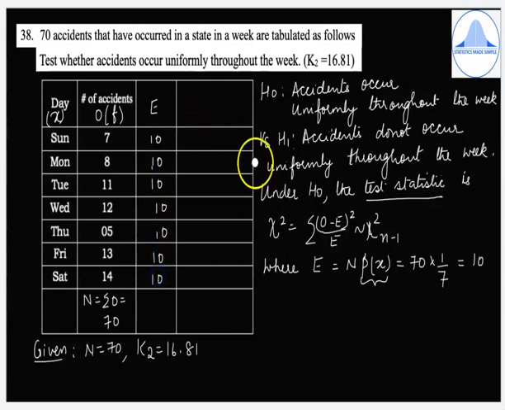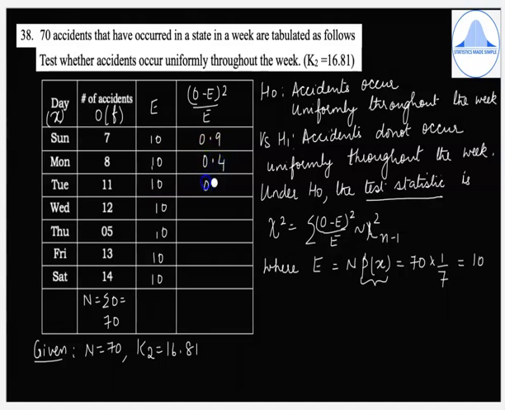Then we need to find out (O minus E) whole square divided by E, which is nothing but 7 minus 10 is minus 3. Minus 3 square is 9. 9 divided by 10 is 0.9. In a similar way, 8 minus 10 is minus 2. Minus 2 square is 4. 4 divided by 10 is 0.4.